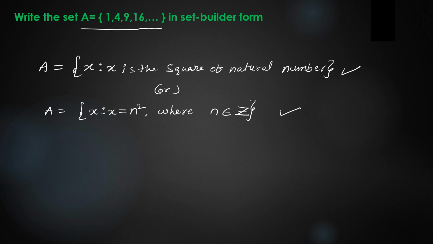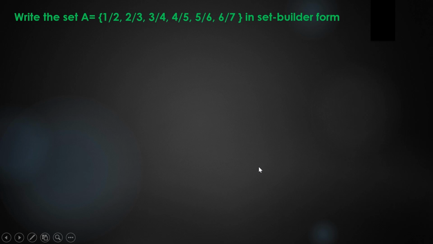Let's go to the next example. Here, if you see the question, it is also asking us to build a set builder form. What's the condition they have given? They have given the values 1 by 2, 2 by 3, 3 by 4, and so on, up to 6 by 7. What if I take 1 by 1 plus 1?